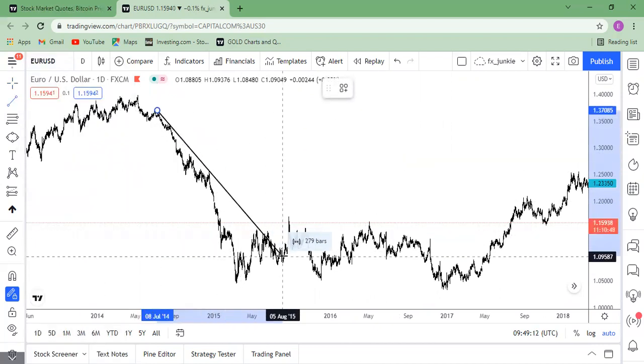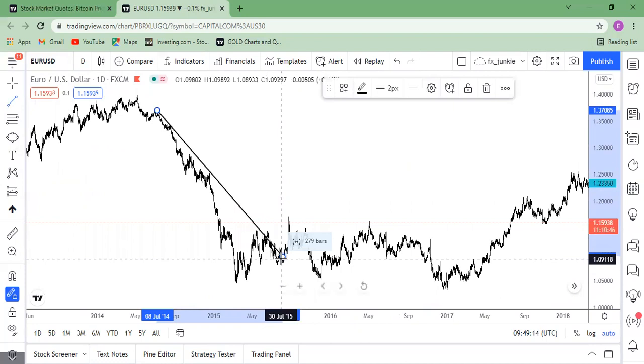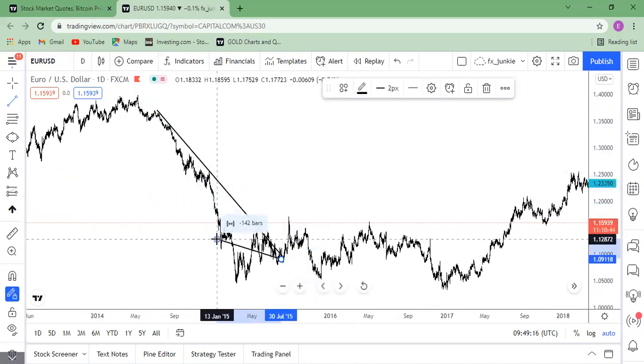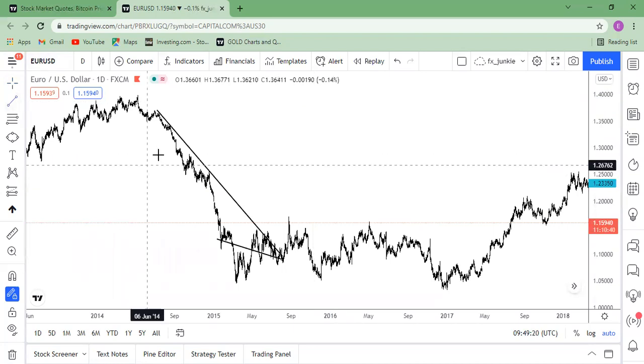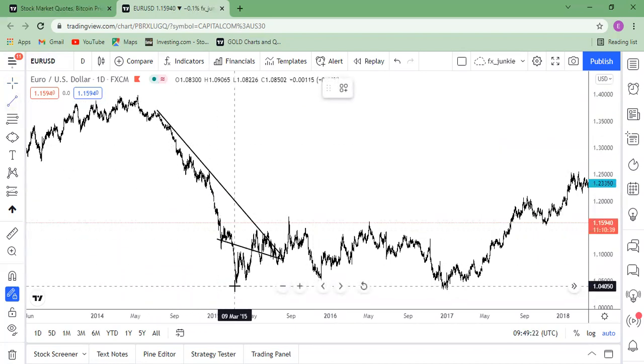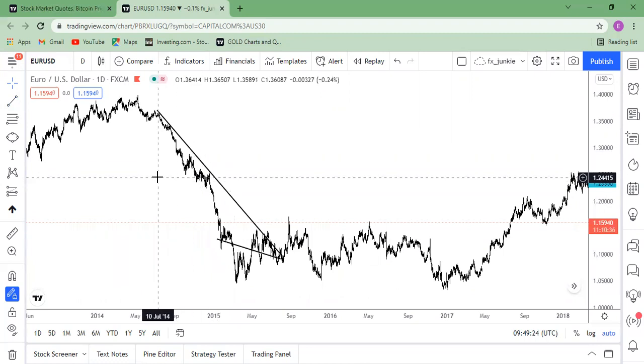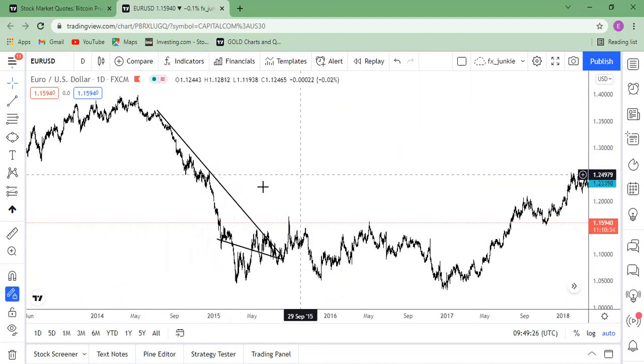There you go. I want to show you something quickly. It's a downtrend. We only sell when it touches the line, right?